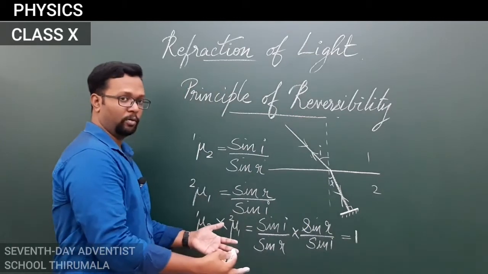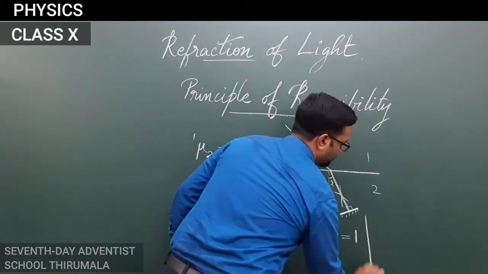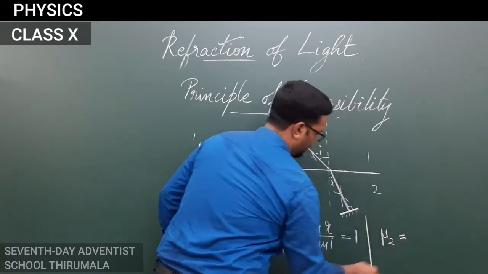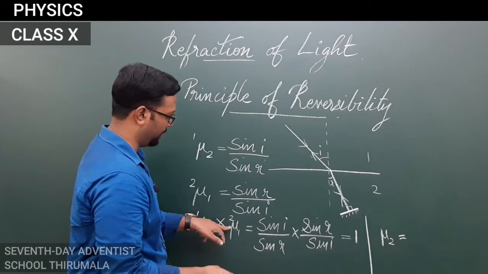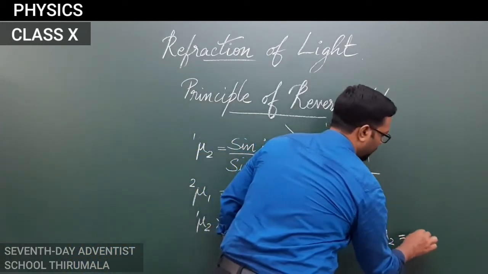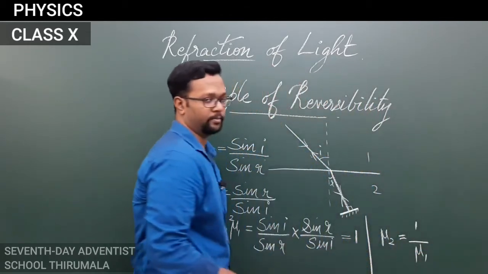And why is it important? Because the next step, look, the refractive index of a medium is equal to, this multiplication will go under this 1 as division. It will be 1 by the refractive index of the first medium.